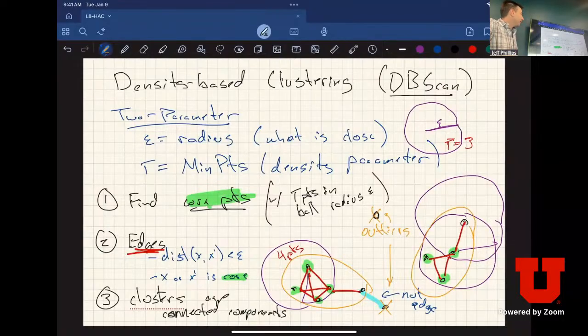And so this is the DBScan algorithm. The hard part is that to implement this, I actually don't want to mark all the edges. I just want to find which points are connected to each other. If I have a lot of really dense points together, there are going to be n squared edges. I don't need to mark them all.